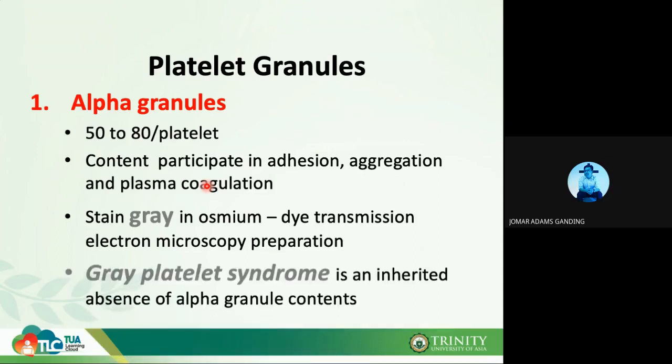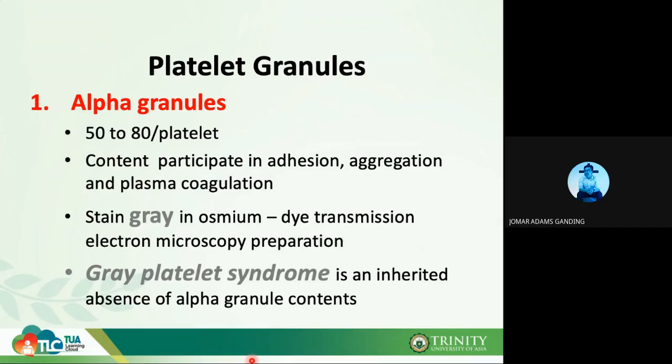We call that gray platelet syndrome, which is inherited because of the absence of your alpha granule content. Siguro magtataka kayo, akala ko sir kasi masyadong madaming alpha granules. No, your gray platelet syndrome is not the abnormal abundance of your alpha granules, rather the absence of your alpha granules. Okay? So please remember that.